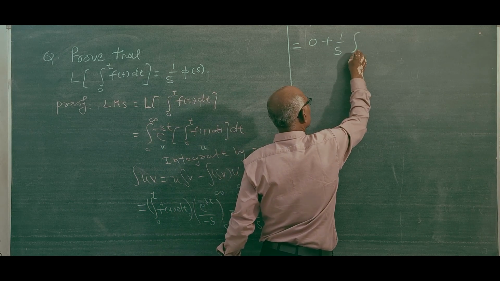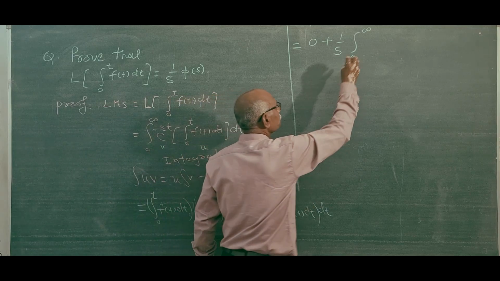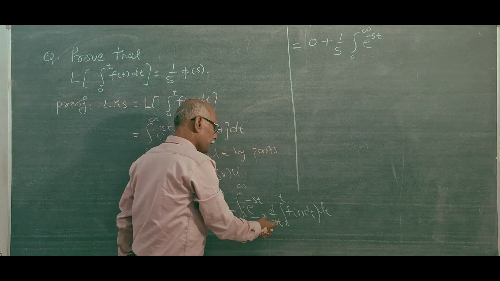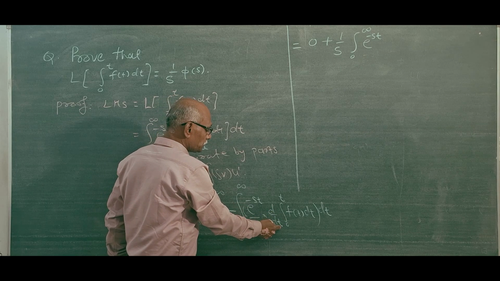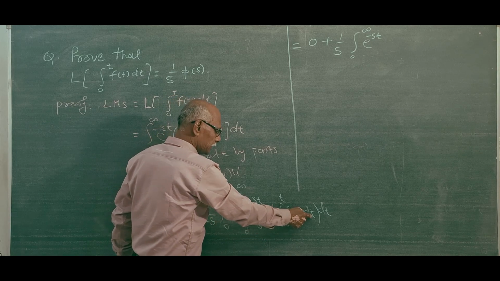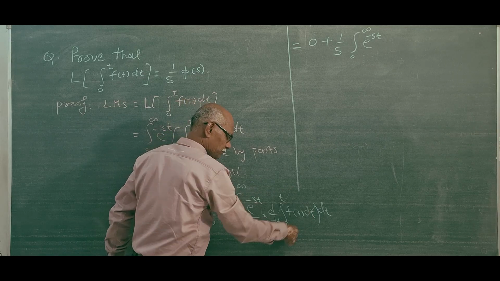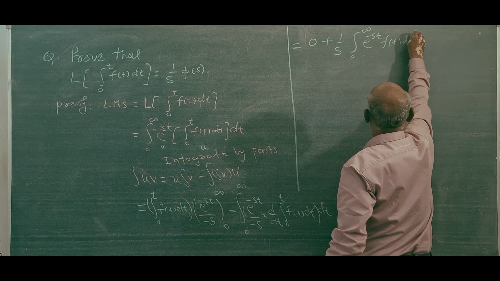And then what are the things which are left? 0 to infinity e raised to minus st, and now we are finding the derivative of the integration. Differentiation is with respect to t and integration is also with respect to t, so this vanishes and we get f(t) simply.